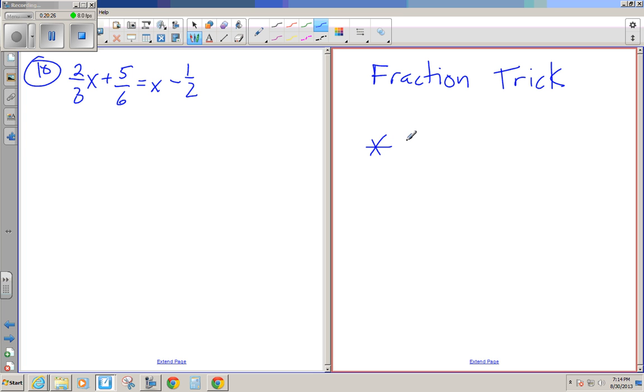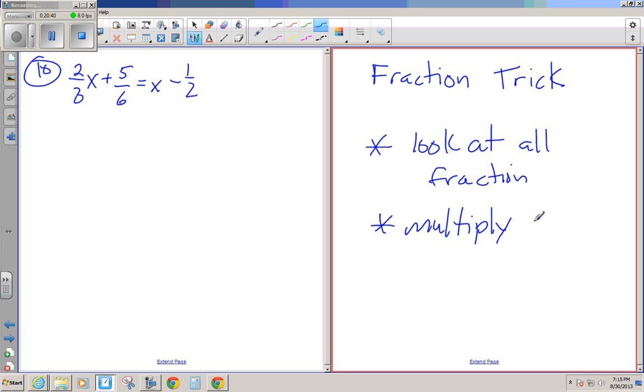What you're going to do is look at all fractions, and you're going to multiply by the greatest common factor.